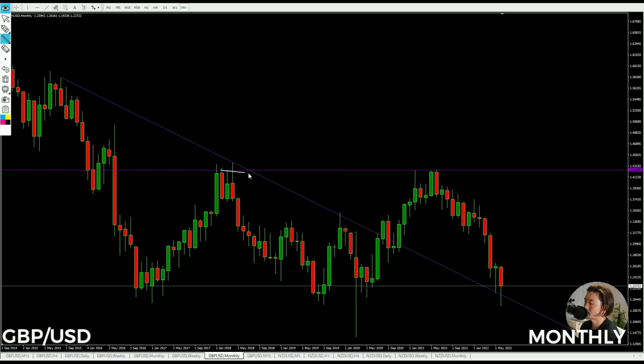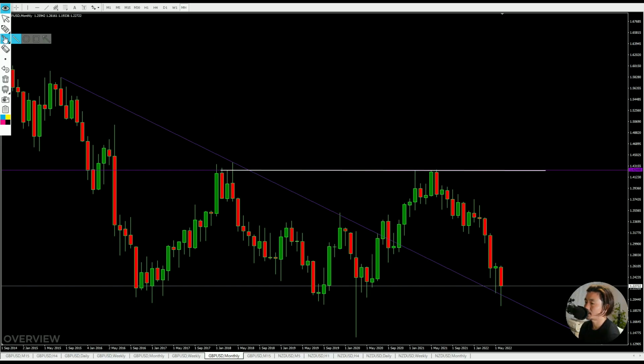So since this horizontal trend line right here just became legitimate with its 3 touches at 1, 2, and 3 right here, and since price has a tendency to want to test strong levels in the long term, I am long biased right back up to this horizontal trend line.